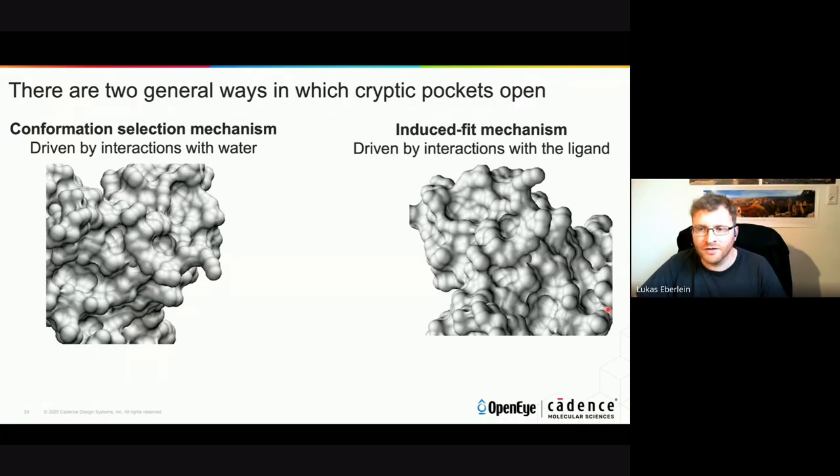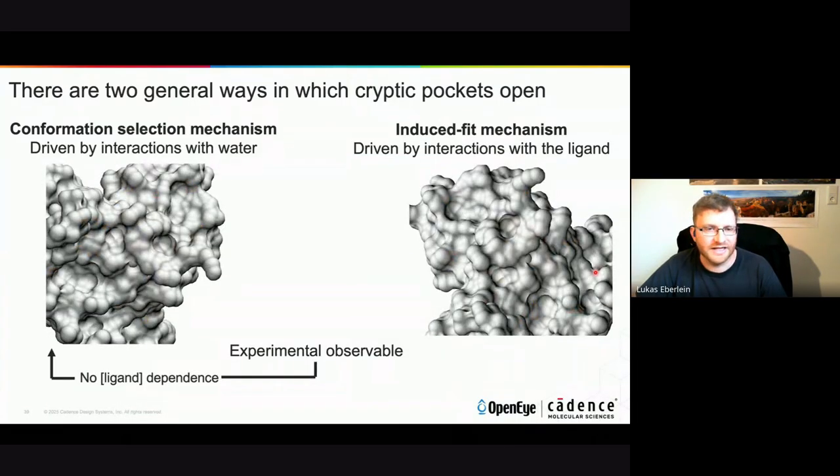The induced fit mechanism is slightly different. Here you see orange residues that appear not because they are solvent exposed, but rather because they are binding probe molecules. These can be experimentally verified, both of these mechanisms, and they have an observable, which is the ligand concentration.